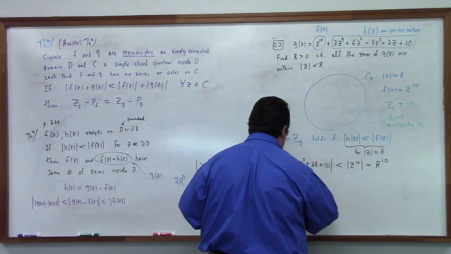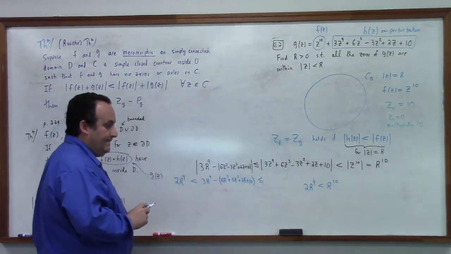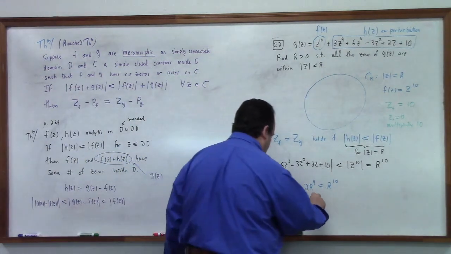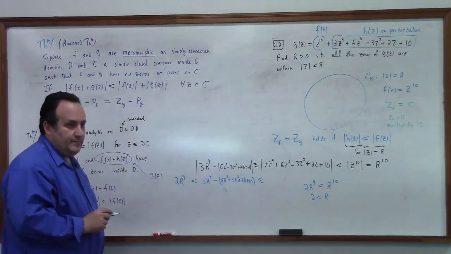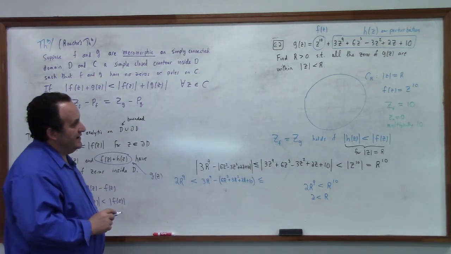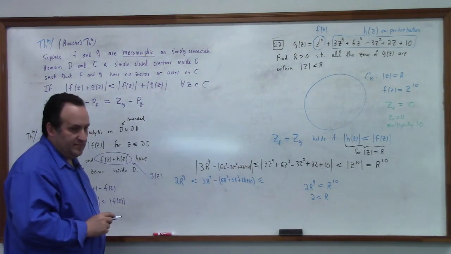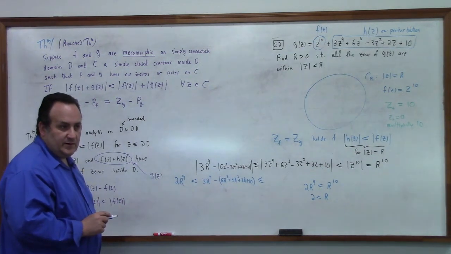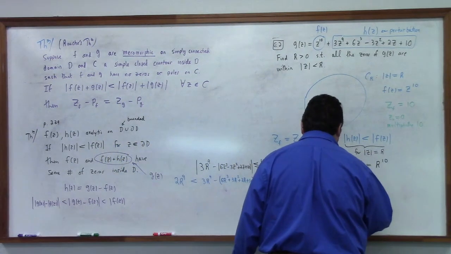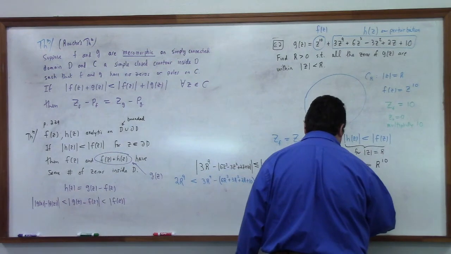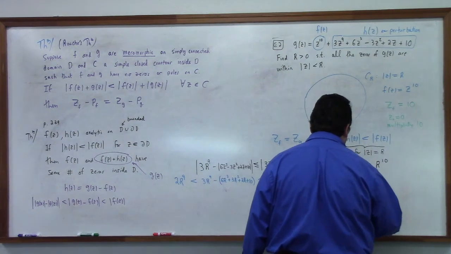Now that we can solve, because we've got 2r to the 9th less than r to the 10th, and that's 2 less than R. So unless I've made a dumb mistake, which is possible, I believe r larger than 2 should work. So I think r equals 2 should answer the question.